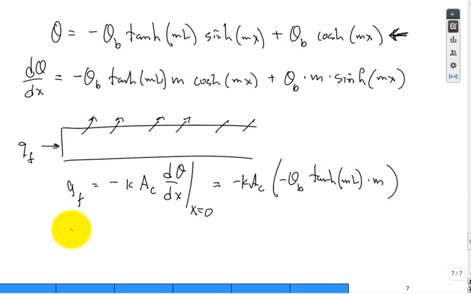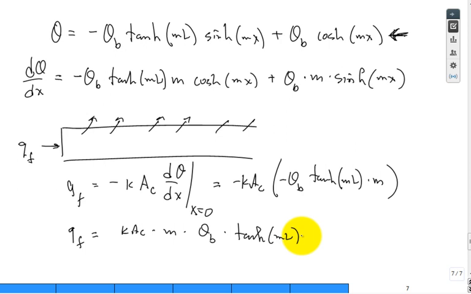So what goes out of the fin is simply, let me try and draw it this way. We're going to put the k A sub c times the m times theta b times the hyperbolic tangent of ml. The minus signs went away.